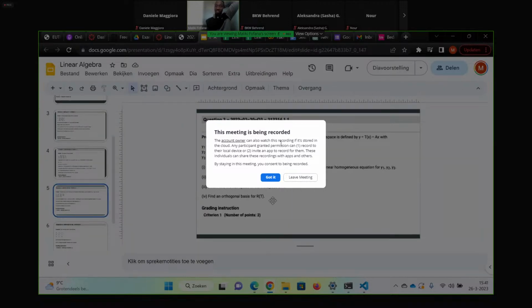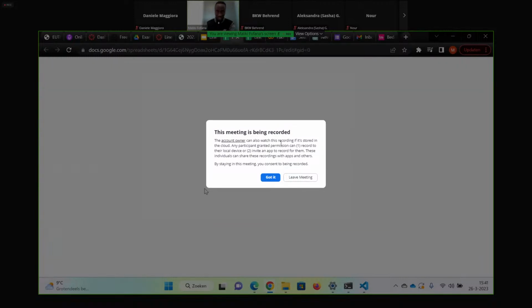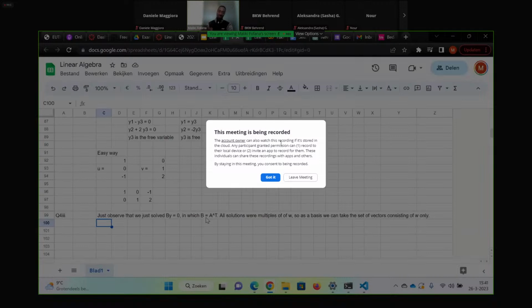When we determine the null space, you should really go through the theorem, what the theorem says, and know how you can say, okay, now I have my By equals 0, in which my B is in this case the transpose of A. So you have to work out the theorem. Make sure you can reproduce that, so you can put that on paper.